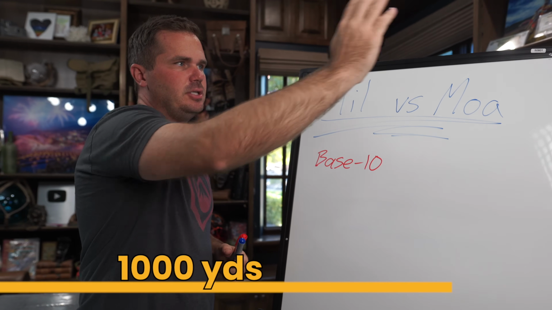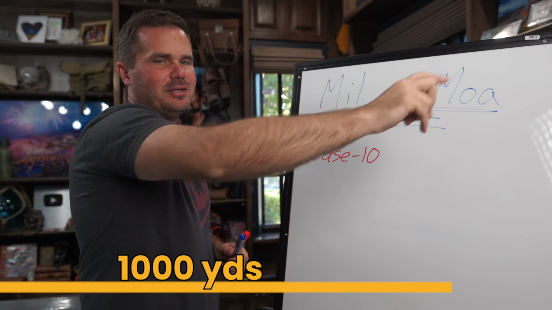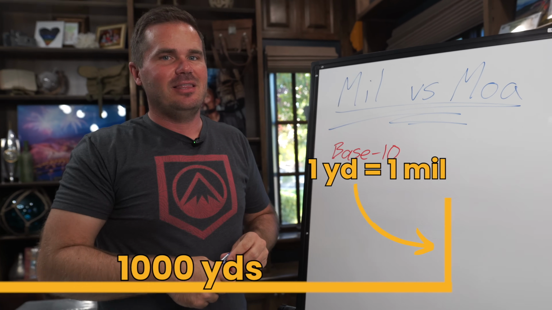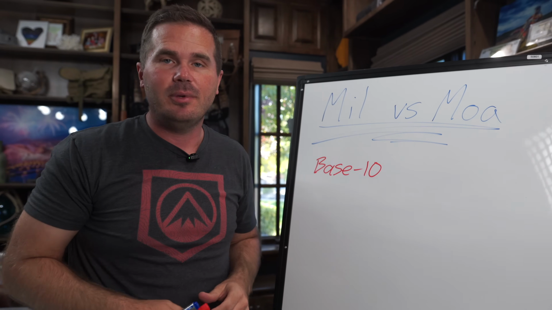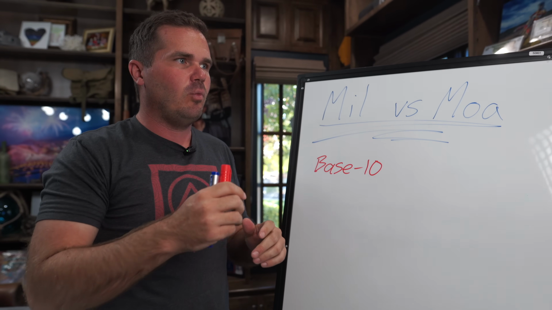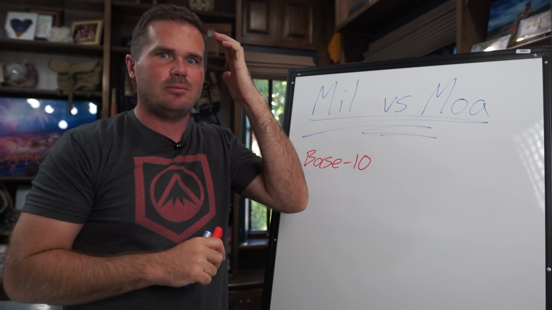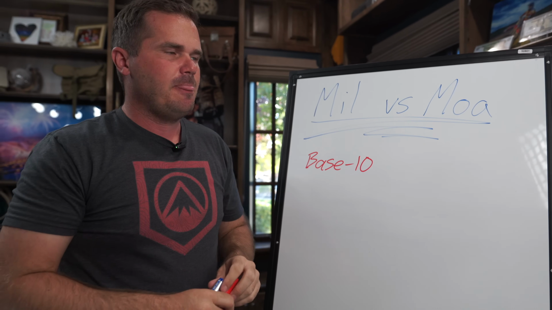So at 1,000 yards, 1 yard of something tall is 1 mil because it's a base 10 system. Let's say it's now at 500 yards. We'll cut it in half. It's 0.5 mil. And so if you're wanting to make some of those quick adjustments, that trick just makes sense in my brain. It makes a lot of adjustments easier to do.